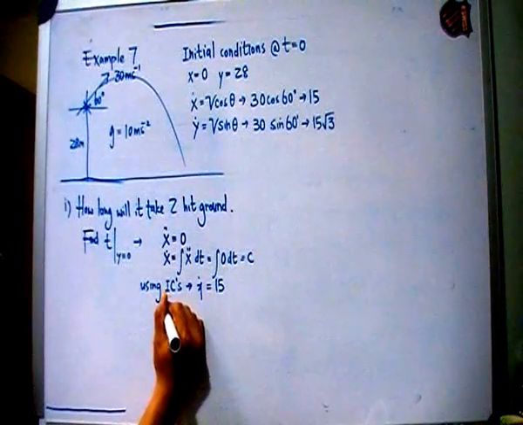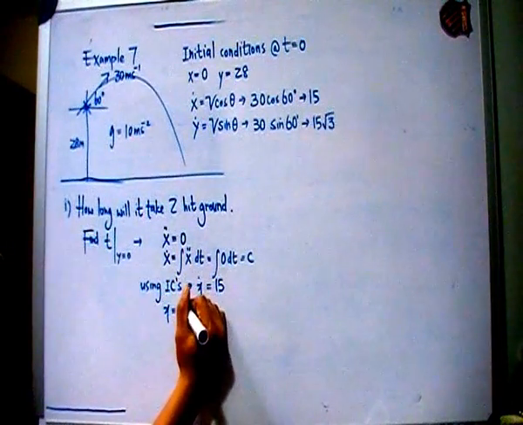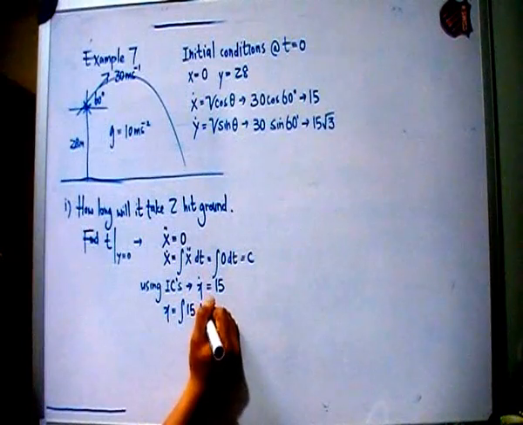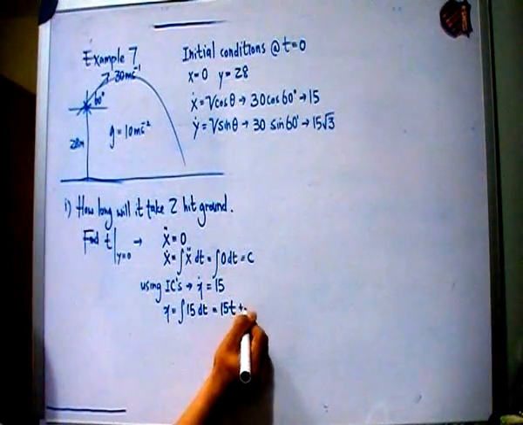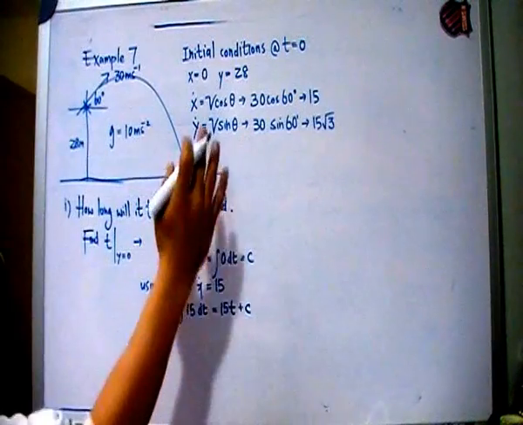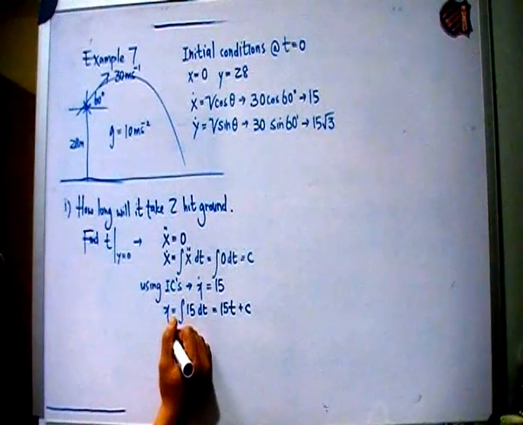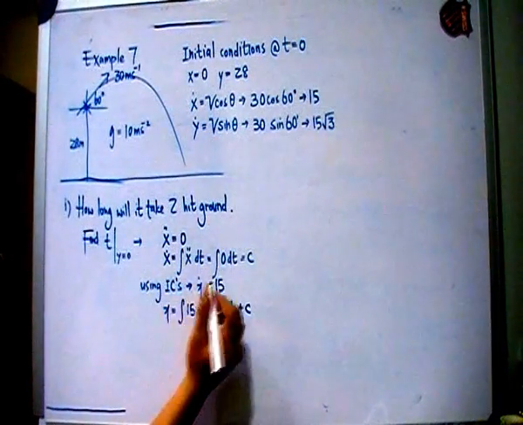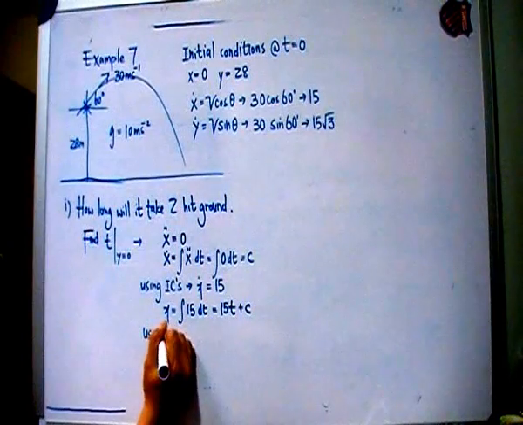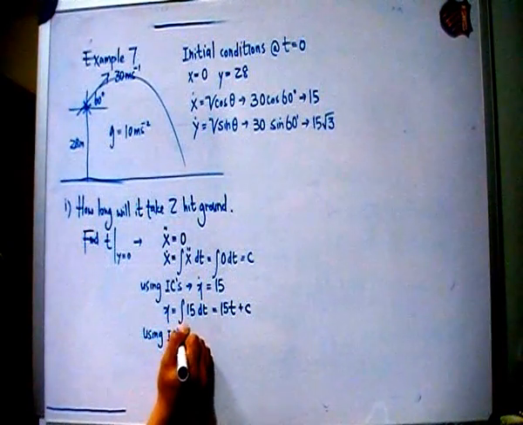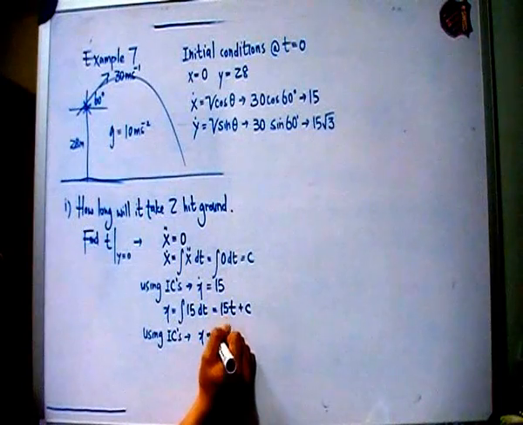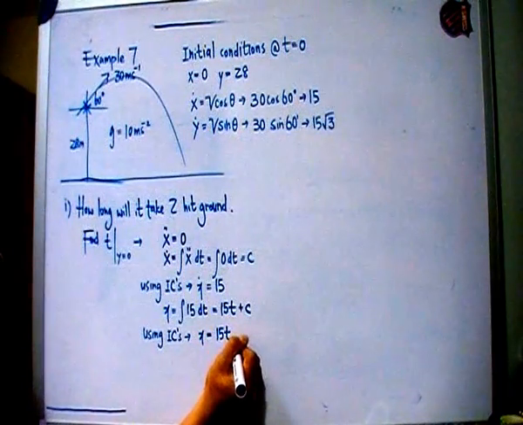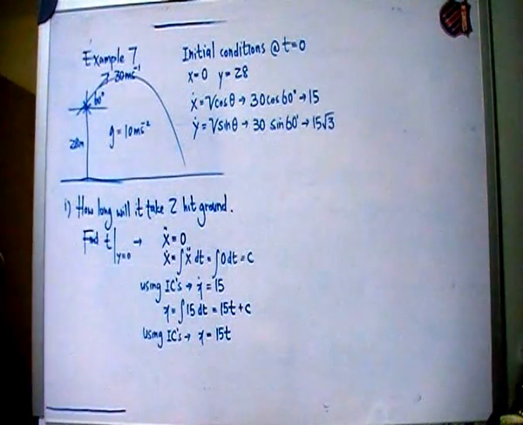Then x equals the integral of 15 dt, which equals 15t plus c. At t equals 0, x equals 0, therefore x equals 15t. So that's pretty simple.